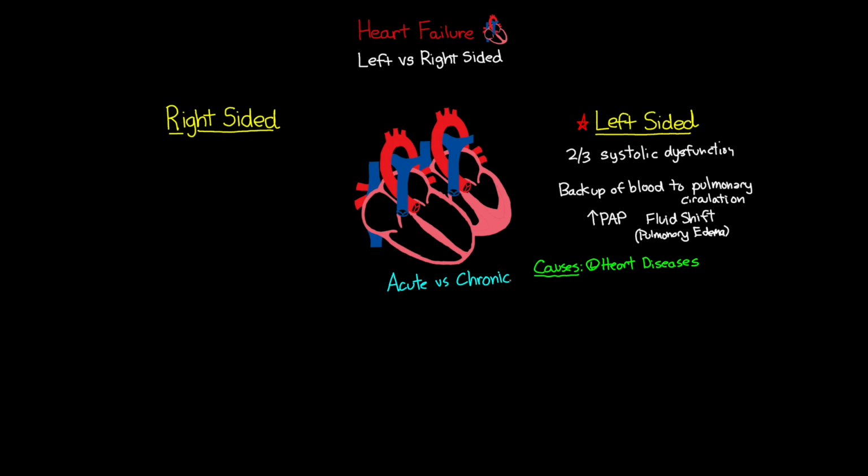But there can be certain things that come along that have an acute nature to them and acutely cause a decrease in the pumping ability of our heart. I do want to make mention of these here so that you have an awareness, but know that the focus of these lessons is going to be on those chronic conditions and chronic problems leading to chronic heart failure for our patients.